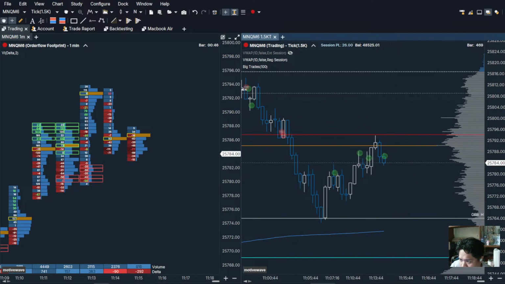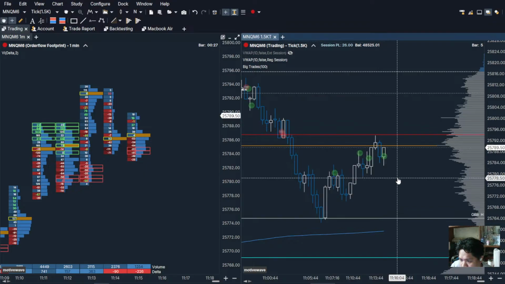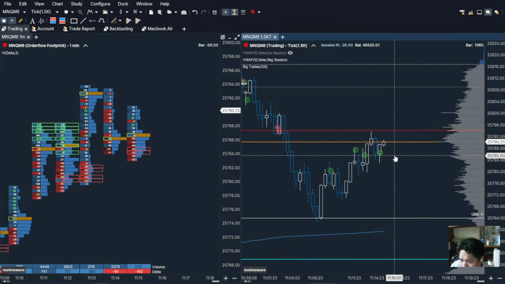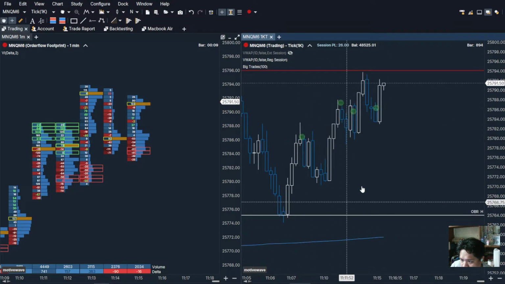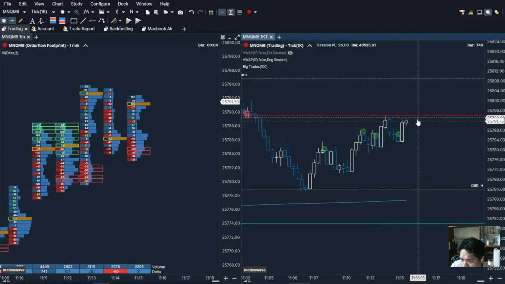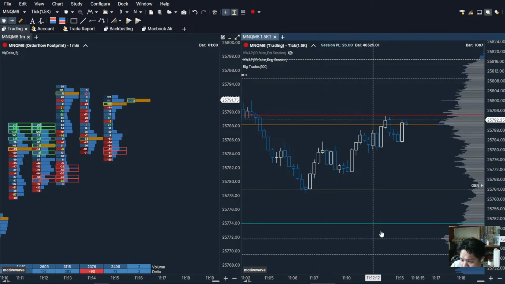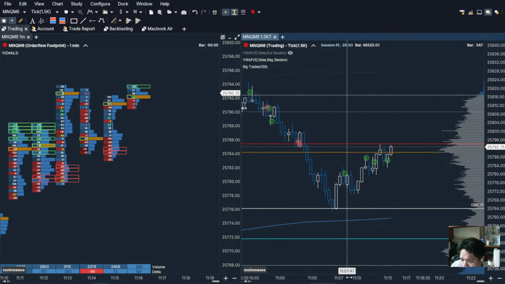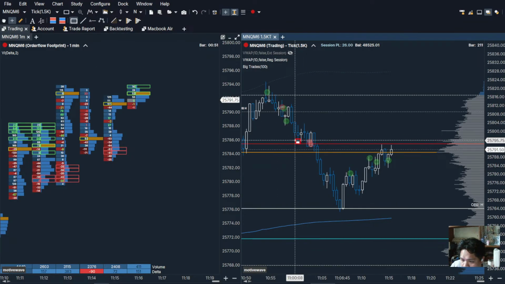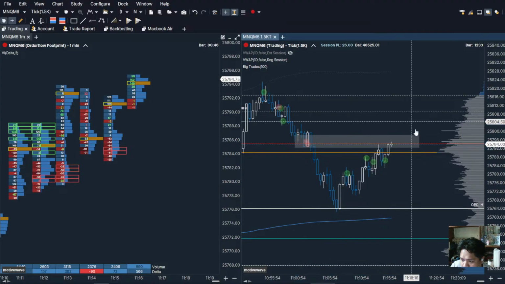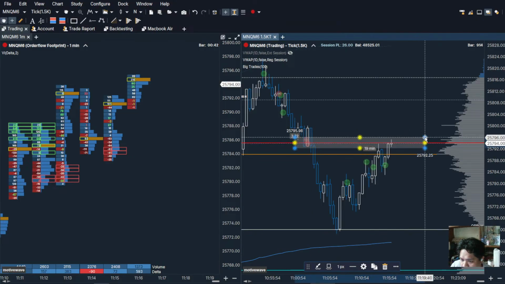Buyers are trying to push. We might get another tap here. We want to hold this level.